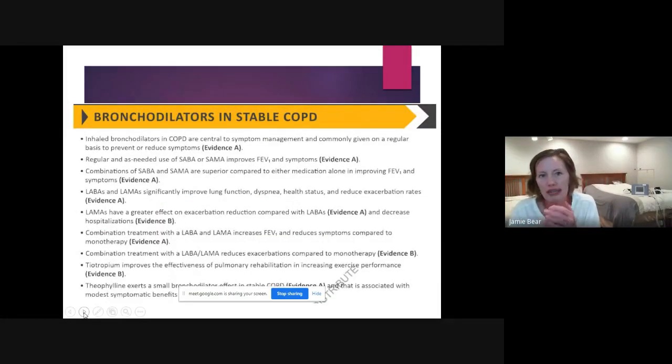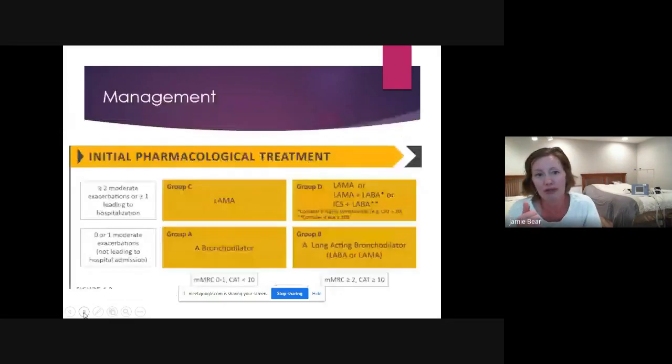So bronchodilators in stable management of COPD, I'll let you guys read through this, but it's just showing that regular use of both the short-acting and the long-acting controllers really does help with symptom and exacerbation incidences. So here are the different groups. When you're looking at groups A through D, this shows that group A can just benefit from a bronchodilator, but as they show more symptoms and exacerbations, then they start needing some controller meds, so either a long-acting LABA or a LAMA.